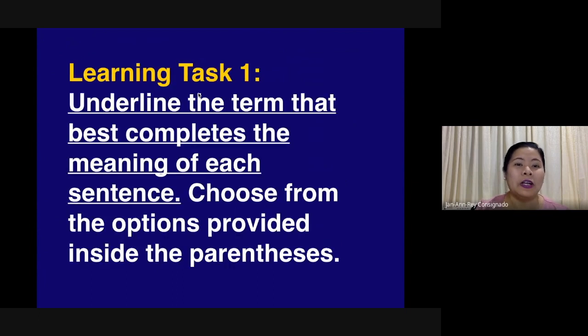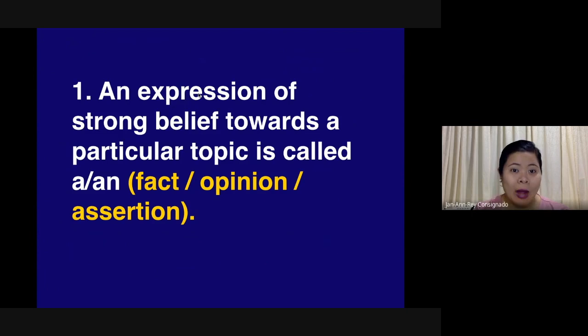Now, learning task 1. Underline the term that best completes the meaning of each sentence. Choose from the options provided inside the parentheses. Number 1, an expression of strong belief towards a particular topic is called a or an fact, opinion, or assertion.